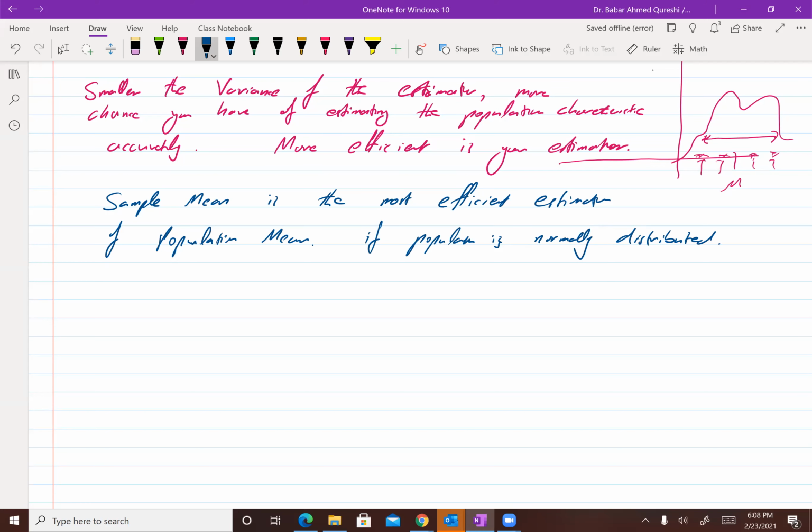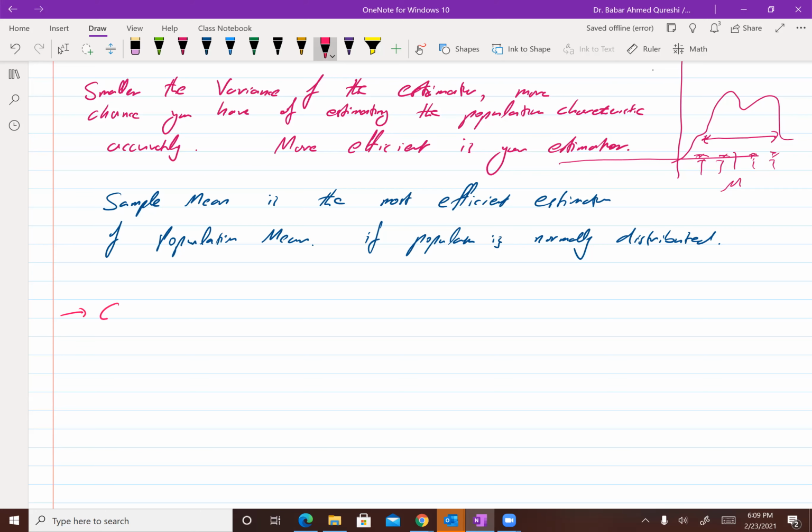So now let's go one by one into various problems we can encounter when we are trying to estimate some characteristic of the population.